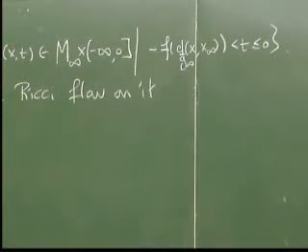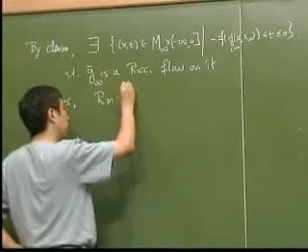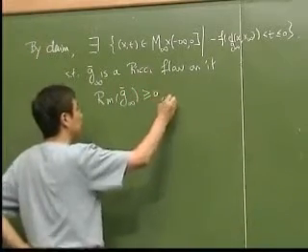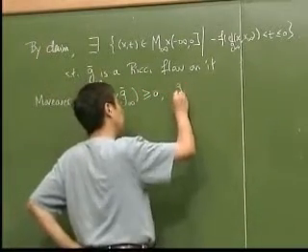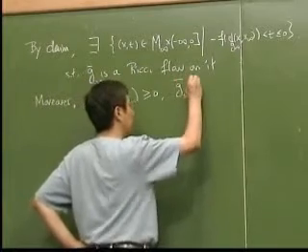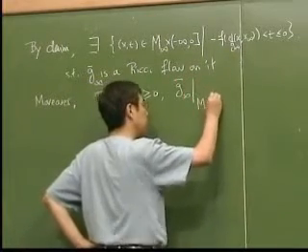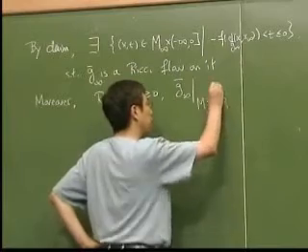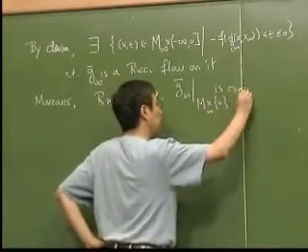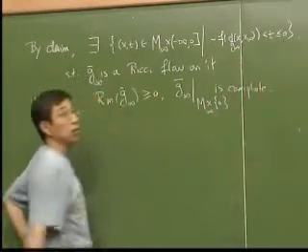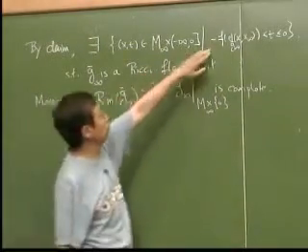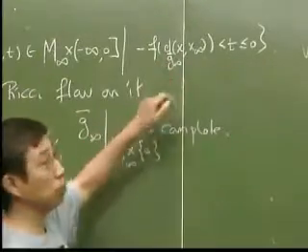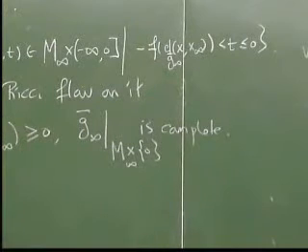Moreover, the curvature of this g infinity bar is bigger or equal to 0 and is complete on the M0. But this function depends on distance and goes to 0 as distance goes to infinity.